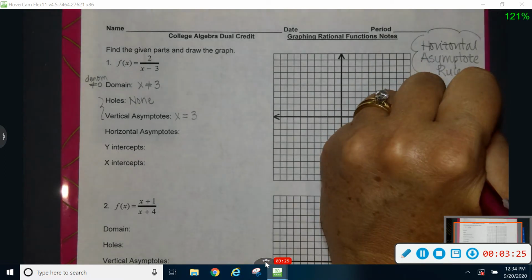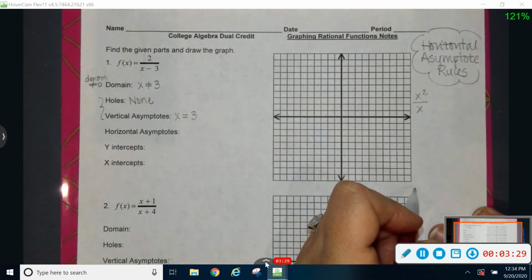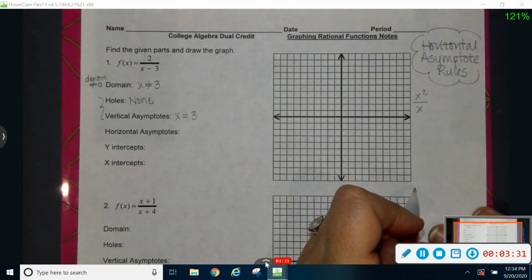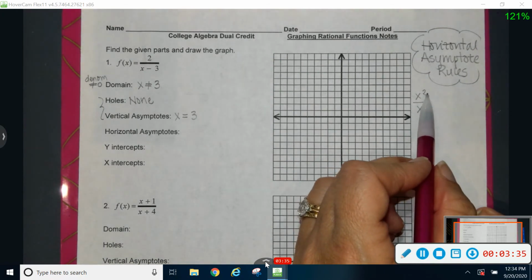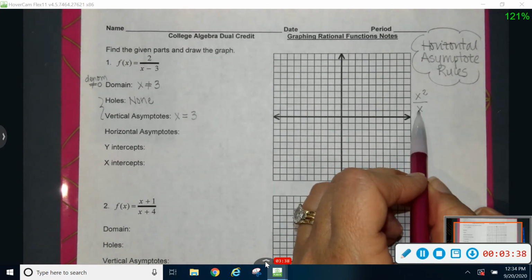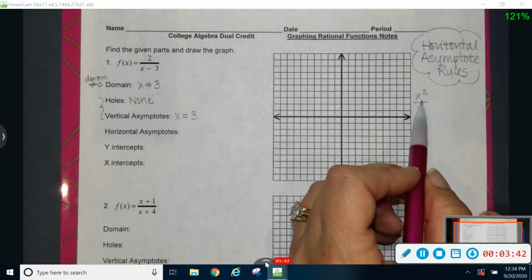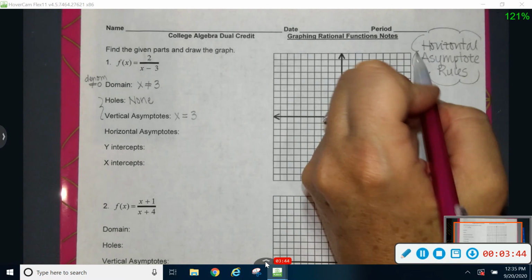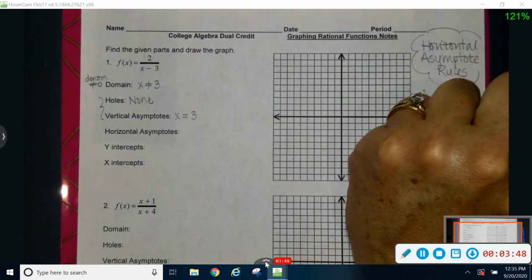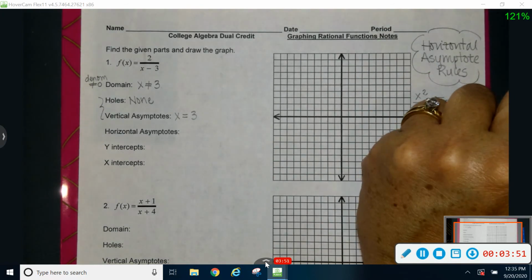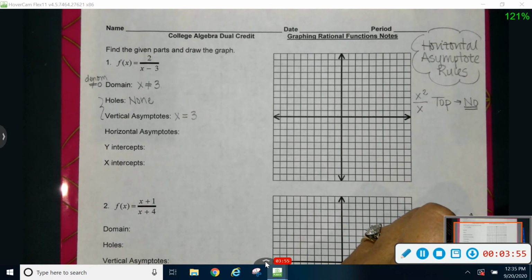I could have a degree higher in the numerator than I do in the denominator. When I talk about degree, I'm talking about this exponent. So on the top here, I have an x squared compared to an x to the first on the bottom. If my degree on top is greater than the degree on bottom, then I have no horizontal asymptote. Just not going to happen.